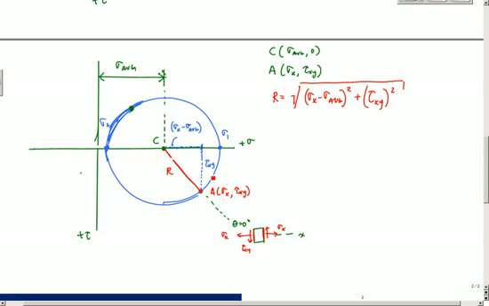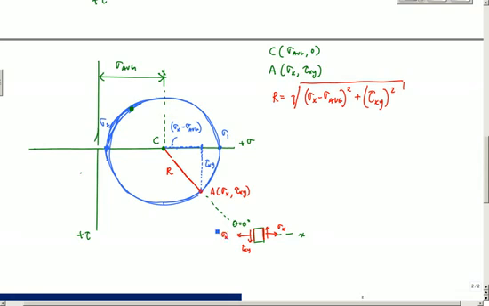So what that means is 180 in real life is actually 360 all the way around in Mohr's circle, back to the same state of stress right here. So this location right here.